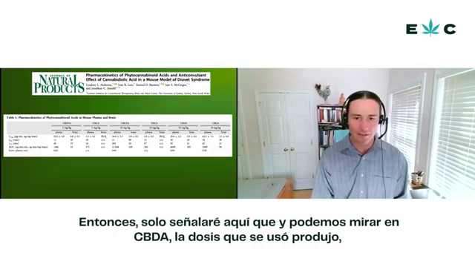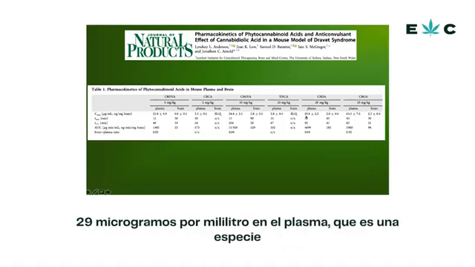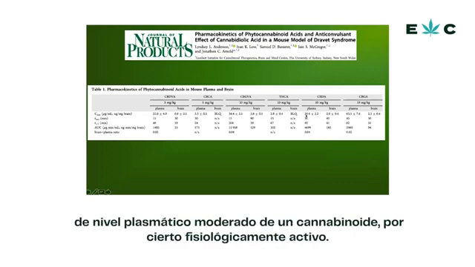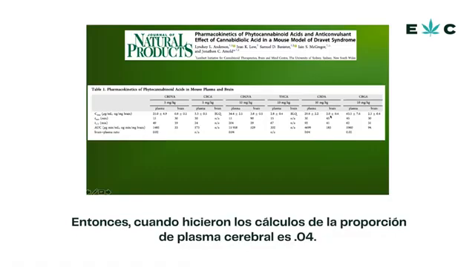I'll just point out here, looking over here at CBDA, the dose that was used produced 29 micrograms per milliliter in the plasma, which is a moderate plasma level of a cannabinoid, certainly physiologically active based on other studies. But in the brain, it only produced 2 nanograms per milligram. When they did the math, the brain plasma ratio is 0.04.